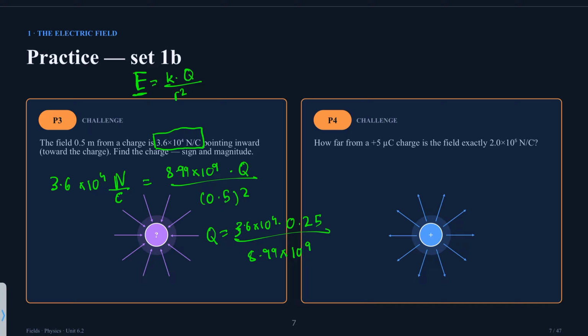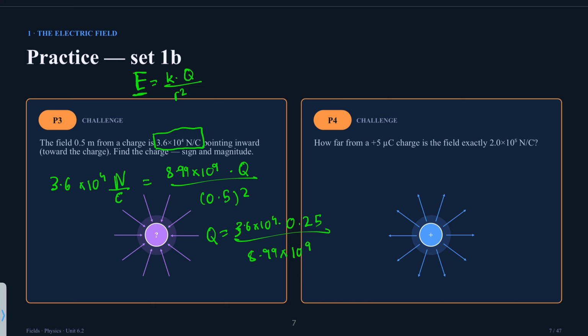So let's plug that in and see what we get. 3.6 times 10 to the 4 times 0.25 divided by 8.99 times 10 to the 9. I'm not going to use units here because it's going to get messy, but in my final answer, I will.